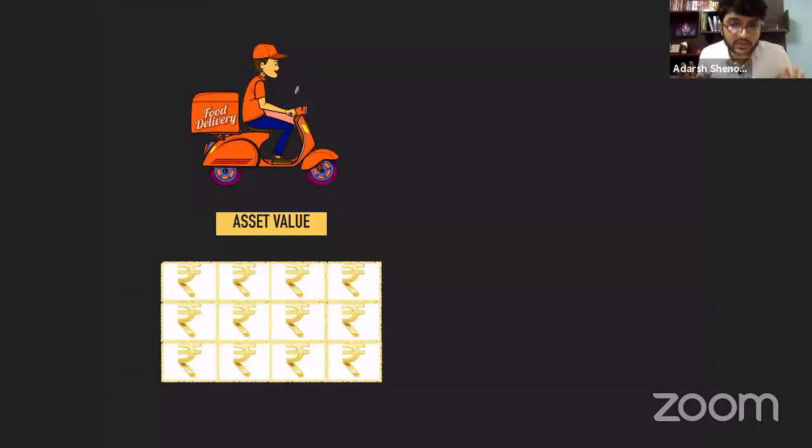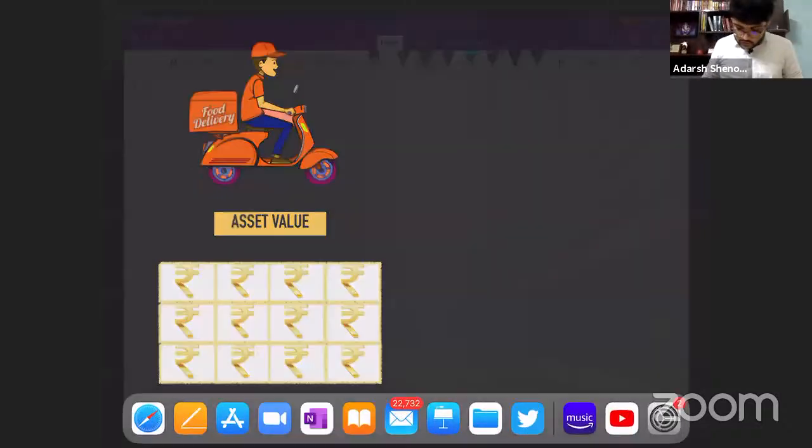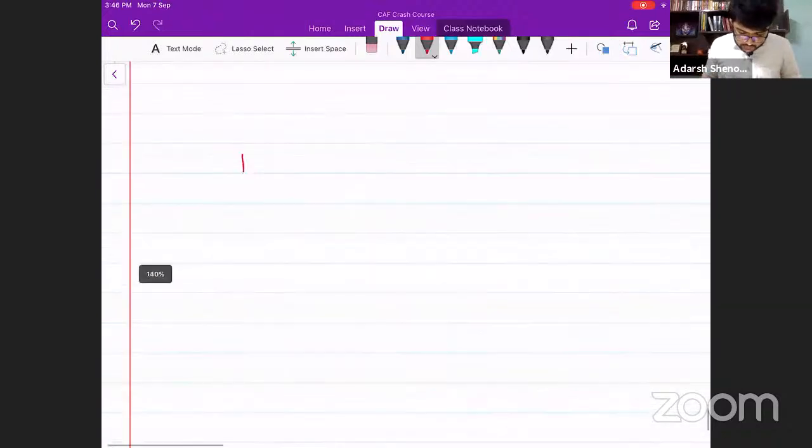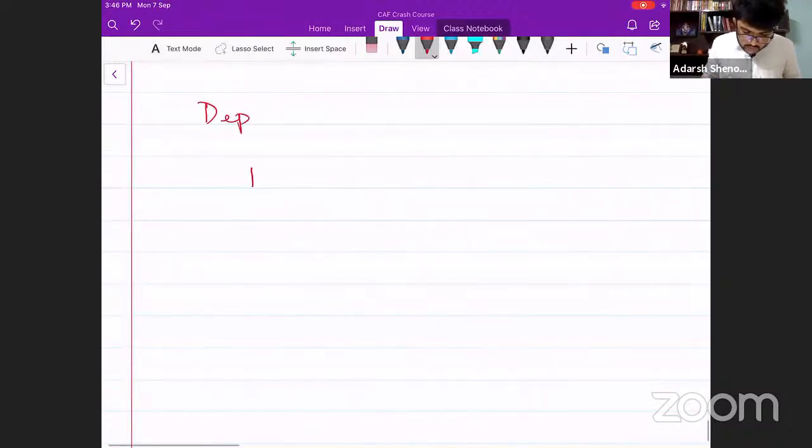Are you all following? Listen to me very carefully. Directly, we're not going to minus it from the asset account. We are going to open a separate account, which is going to be credited every time we charge depreciation, and we're going to show this as a minus from the asset account in the balance sheet. This means that depreciation is not going to be charged to the asset account.